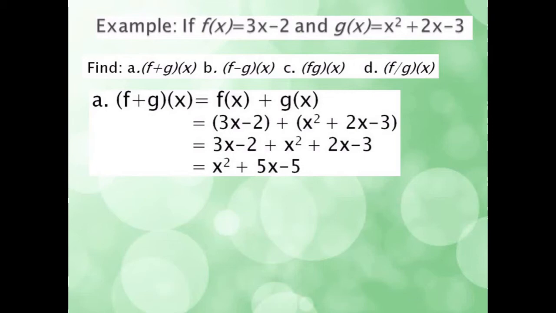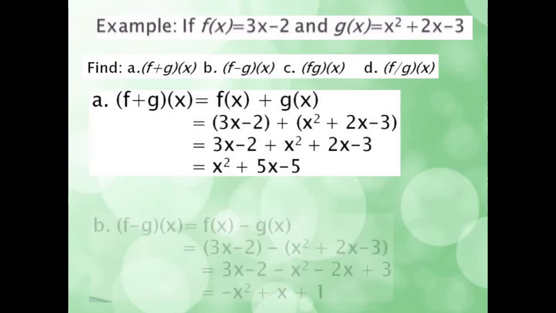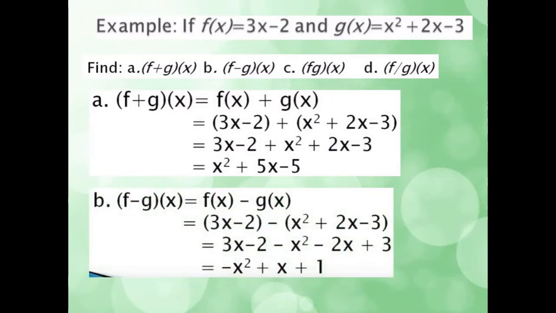Next is letter B. (f minus g)(x), that is equal to f(x) minus g(x). So that becomes 3x minus 2 minus the quantity x squared plus 2x minus 3. So that becomes 3x minus 2 minus x squared minus 2x plus 3, since we are going to distribute the negative sign.